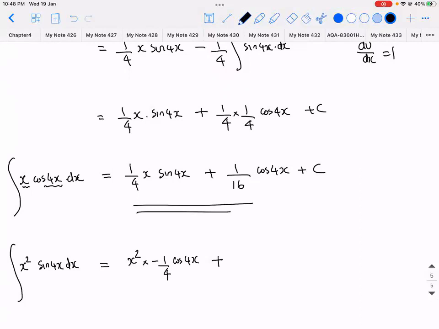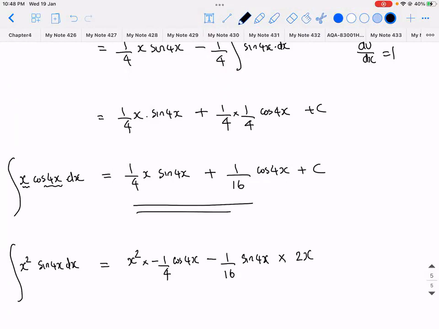Then we have to apply the second rule, so it becomes minus 1 over 16 sine 4x. Again, we have to differentiate it.